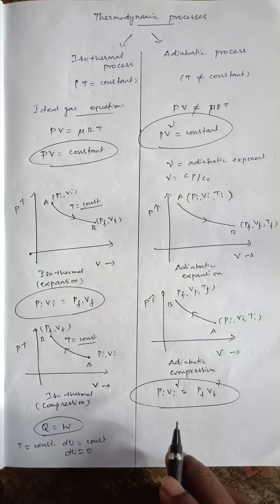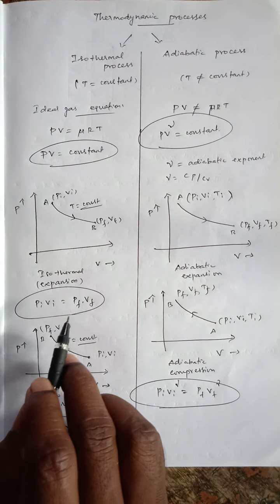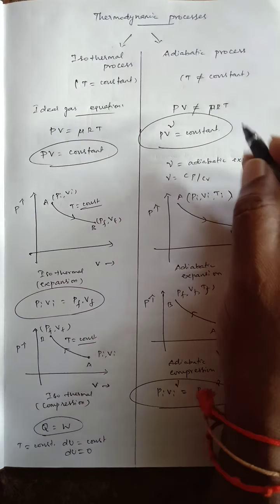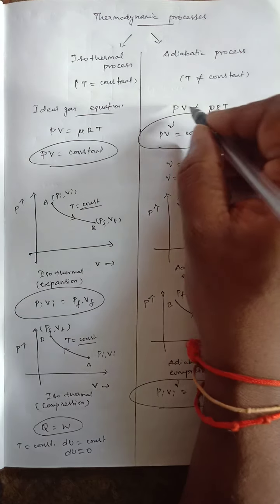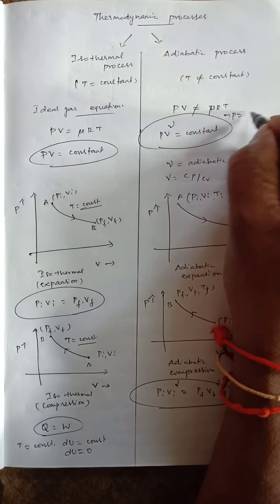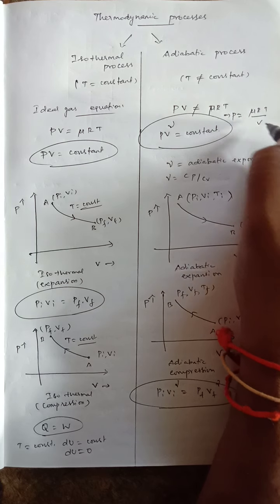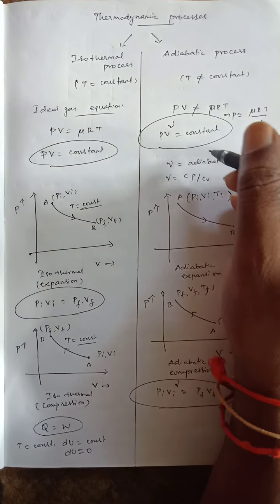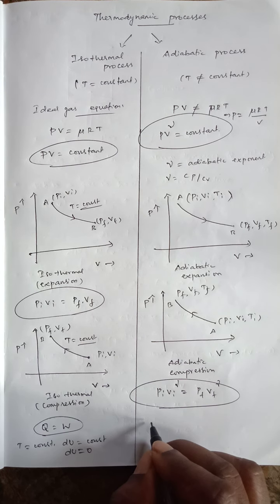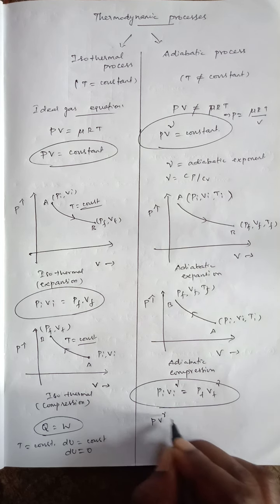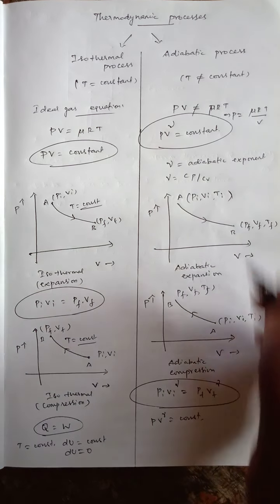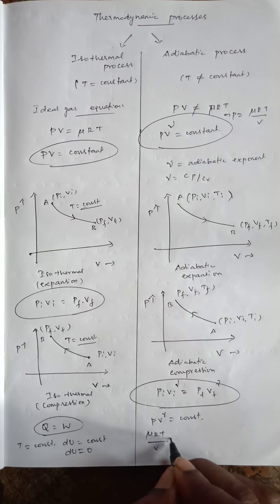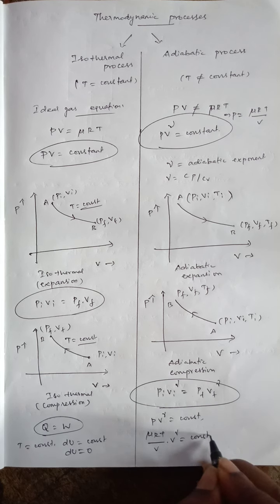Since T is not constant, we write the pressure as mu RT by V. So we have to apply that here. We know that PV^gamma is equal to constant, so writing pressure as mu RT by V, mu RT by V times V^gamma equals constant.